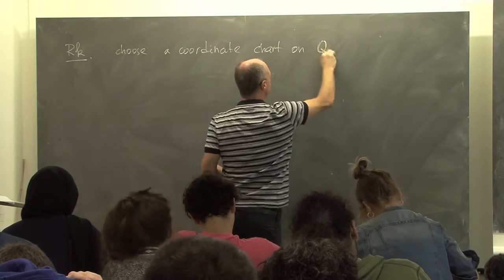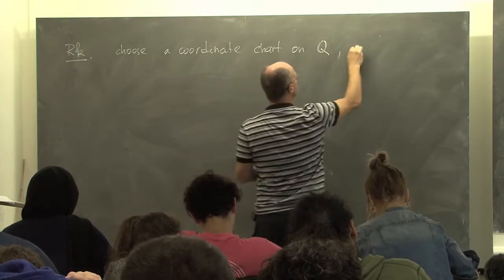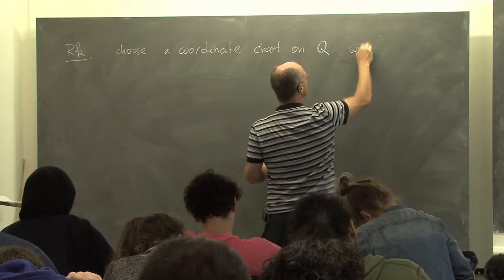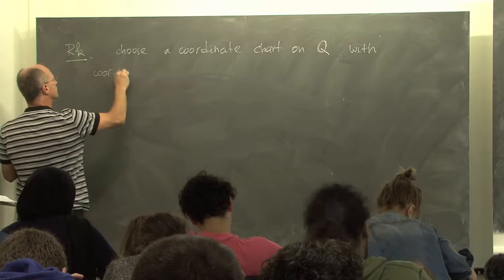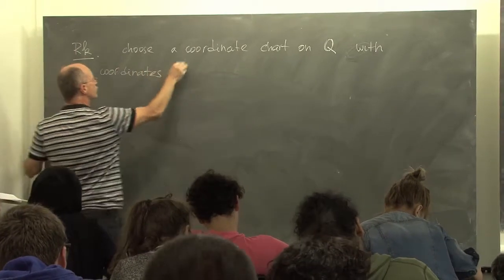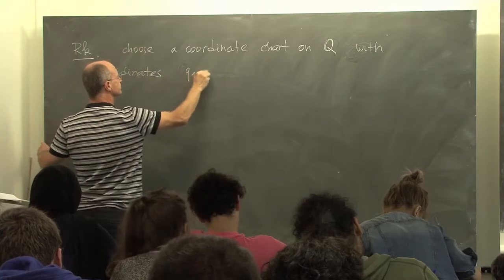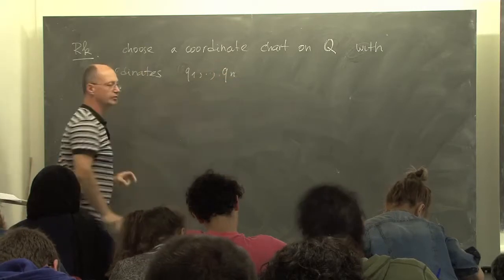So let's choose a coordinate chart on Q with coordinates Q1, Qn.